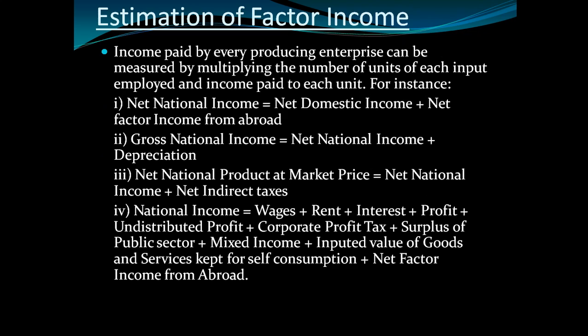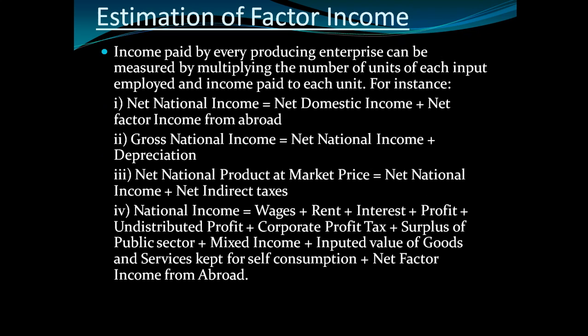Now estimating the factor income, how will we go about estimation of factor income? Estimation of factor income is done by income paid by every producing enterprise, which can be measured by multiplying the number of units of each input employed and income paid to each unit.